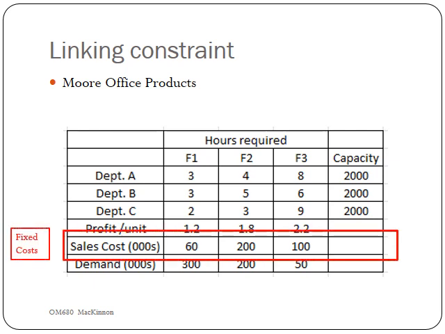Our fixed costs, or our sales costs, will not vary at all. If we decide to use product F1, F2, or F3, we will incur those costs. So let's take a look at how that plays out on the spreadsheet.